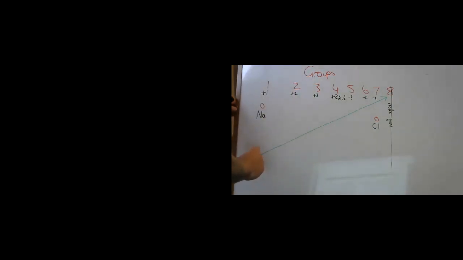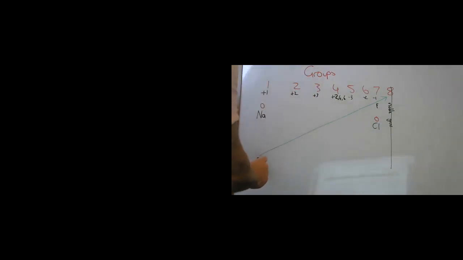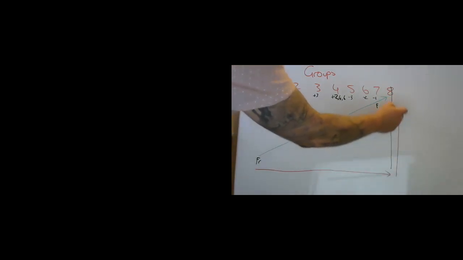We have francium down the bottom left, which is the least reactive. Then we have fluorine at the top of the halogens in group 7. So what this line means is that across the periodic table and up the periodic table, you will have increasing electronegativity.